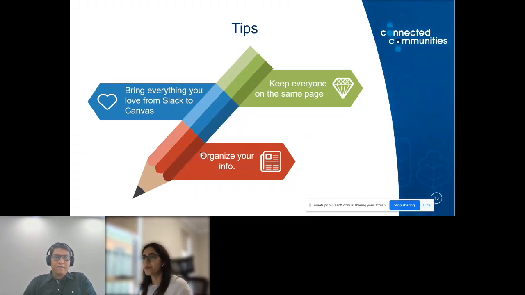Then you can bring everything that you love from Slack to the Slack canvas, any single activity. Since it is a better preview, you can get better context and everyone in the team can be on the same page, so this will boost your productivity. And the pain points that we discussed initially, we can efficiently solve with the use of Slack canvas and Slack.